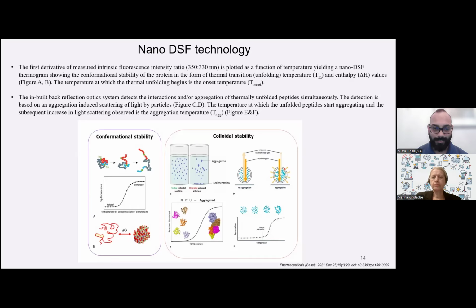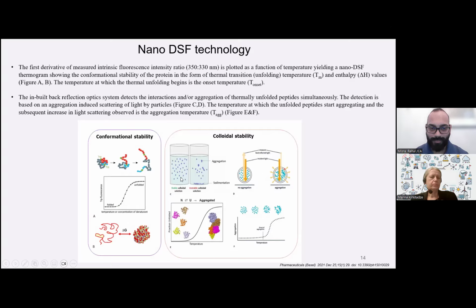In the schematic on the left, you see a folded protein, and as it is being unfolded, the tryptophan residues are exposed. From the folded to the unfolded state, the tryptophan fluorescence increased, and this is what is measured as a measure of melting temperature.